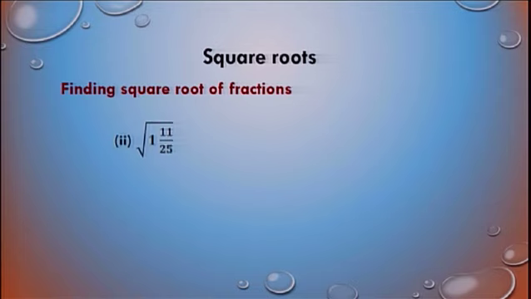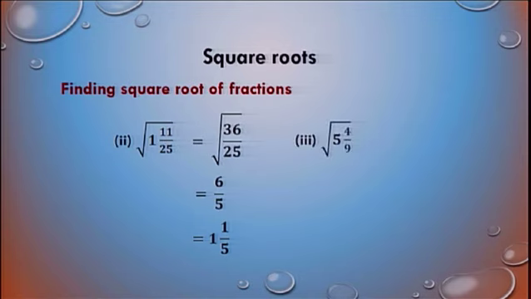So let's have a look at another example. Square root of 1 and 11 over 25. As an improper fraction, it is equal to square root of 36 over 25. Square root of 36 is 6, square root of 25 is 5. Again, we write 6 over 5 as a mixed number. It is equal to 1 and 1 over 5.